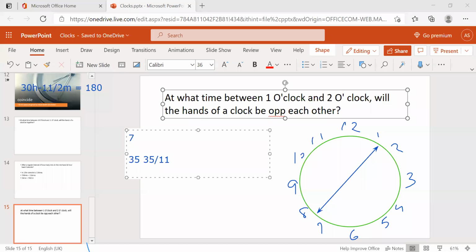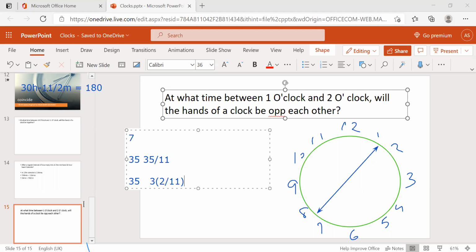That's it. So what is 35 by 11? 35 by 11 is not a proper fraction, so just convert it into a mixed fraction. Then what will it be? 35 will be the same, and this 35 by 11 will become 3 2 by 11, that's nothing but 11 into 3, 33 plus 2, 35 by 11.